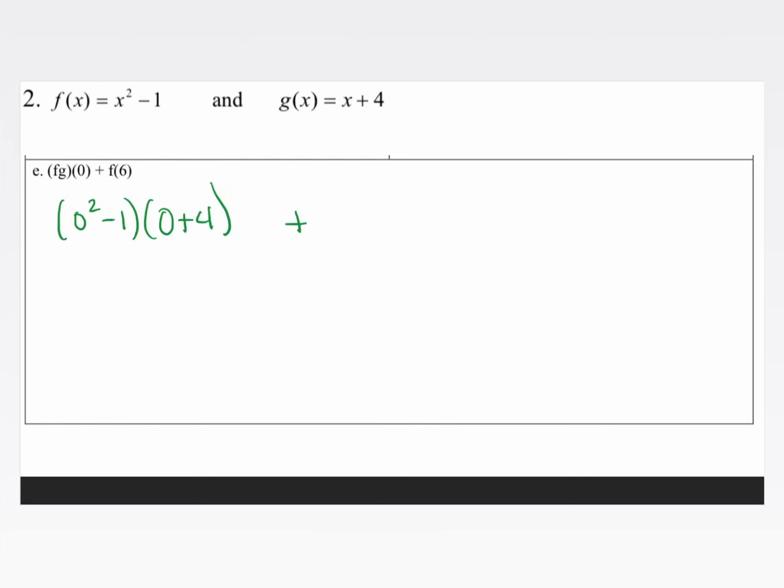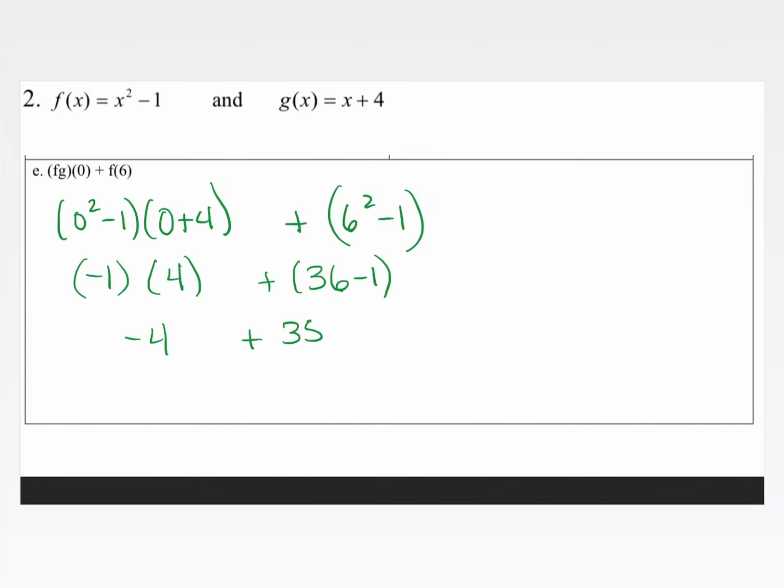But then we're going to add f of 6, which is 6 squared minus 1. 0 squared minus 1 gives me negative 1. 0 plus 4 is 4. 6 squared is 36, so we have 36 minus 1. Negative 1 times 4 is negative 4, and 36 minus 1 is 35. So negative 4 plus 35 equals positive 31.